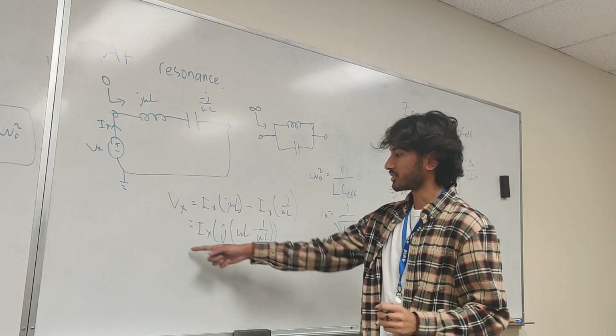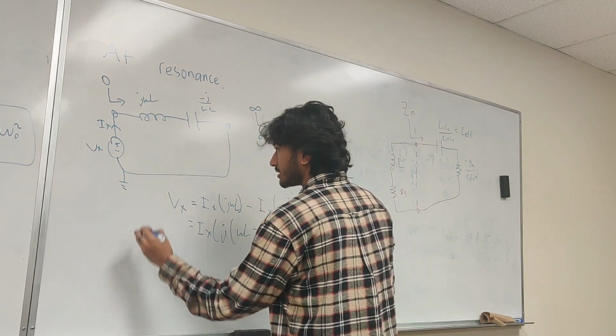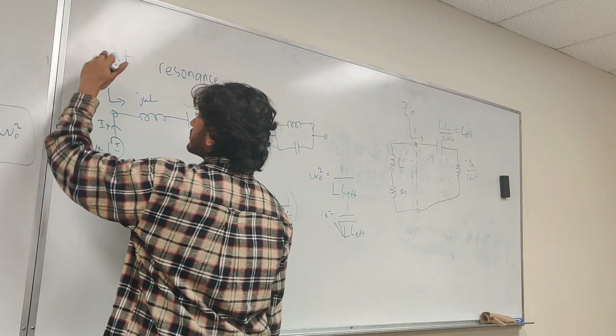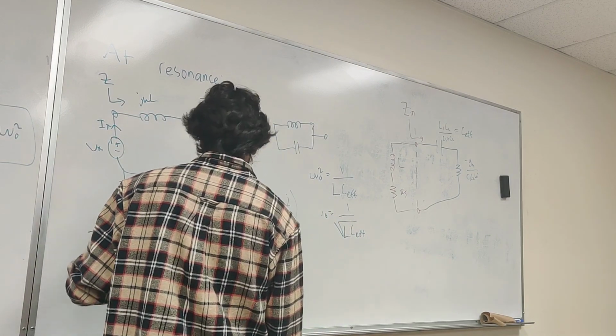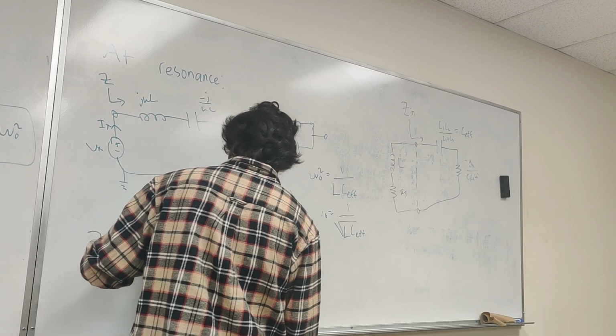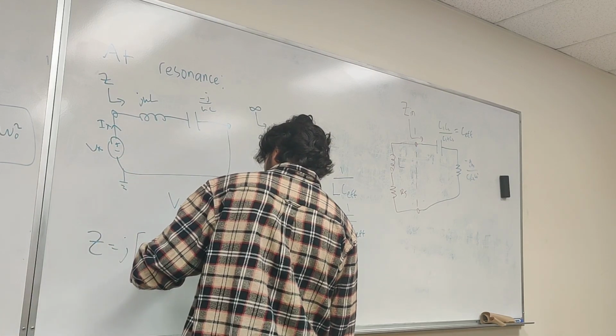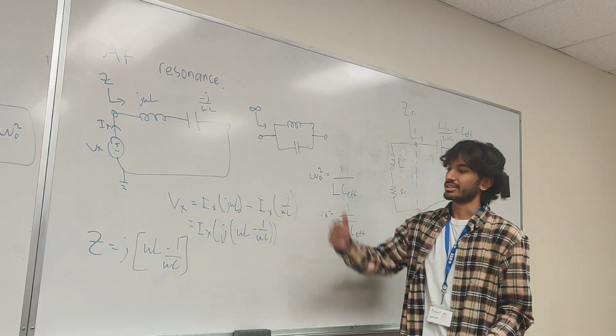This is our equation. So now we can say Vx over Ix, I'll call this Z, is going to be this. You get this for the impedance looking in.